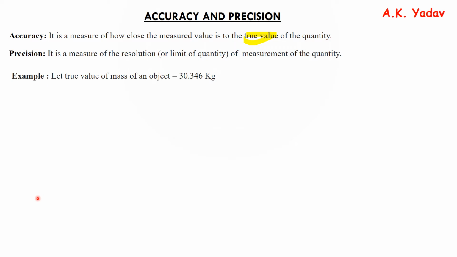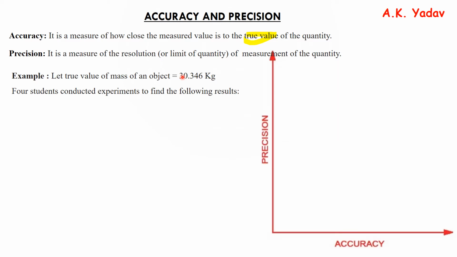Let's take an example. The true value of the mass of an object is 30.346 kg. Now you need to understand, the more digits after the decimal, the more precise the value. Four students conducted experiments to find the mass of the body, and we are making a graph of accuracy and precision so that you understand it better.